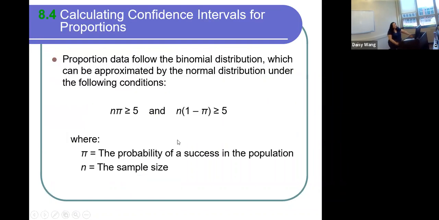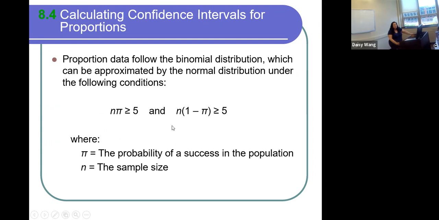And then proportion data follow a binomial distribution, but when the sample is big enough, this actually should be P. The probability of success times the sample size is greater than 5, and the sample size times Q is greater than 5.